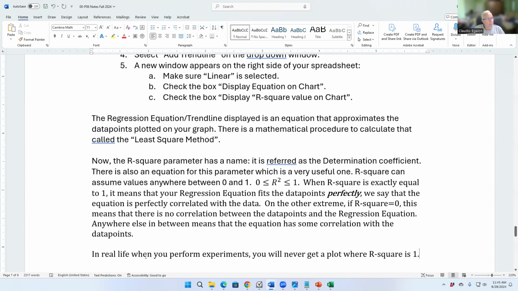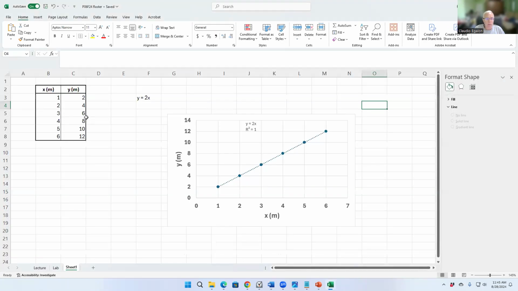In real life. Here we are getting 1 because this is not experimental data points. This is just made up data points for illustration purposes, okay? So most likely what's gonna happen during your experiments is that you're gonna get something like that.